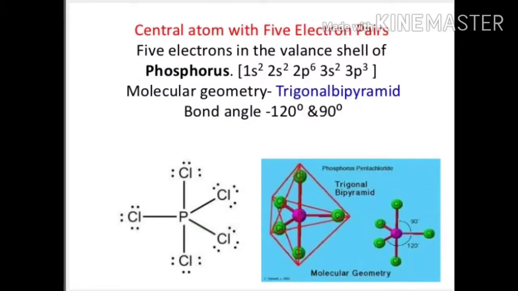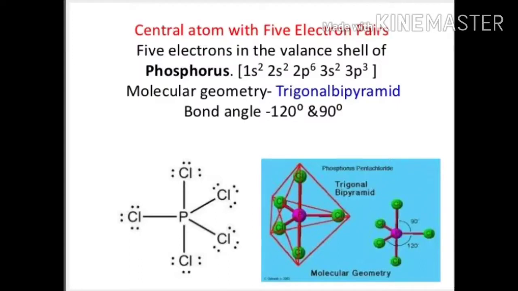The last example is phosphorus pentachloride. In this molecule, phosphorus is the central atom and 5 chlorine atoms are surrounding atoms. There are 2 types of chlorine atoms.